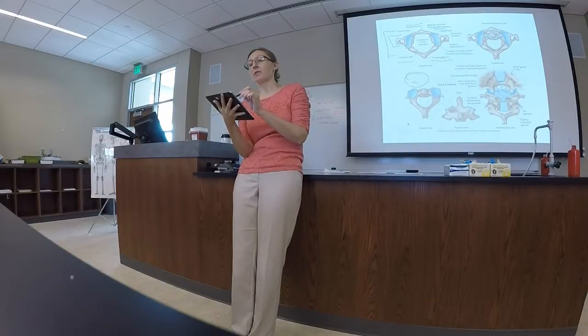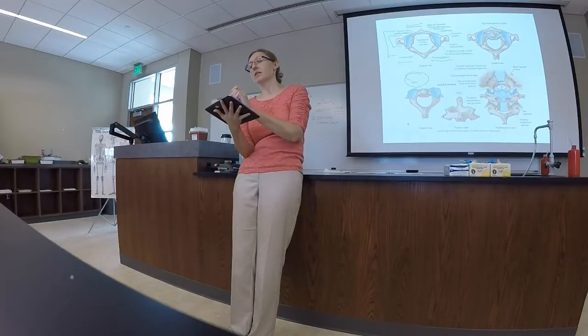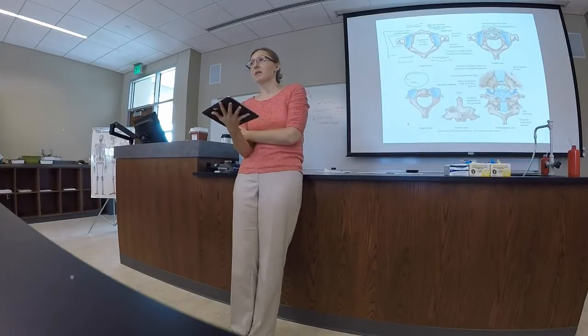Also, we have here the facet for the dens. So when the C2 and C1 are articulated together, you see here is the facet for the dens. The dens is right here next to it, held in place by the transverse ligament of the atlas.